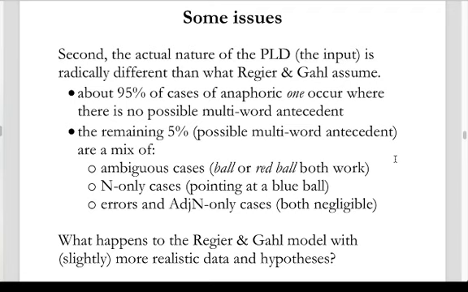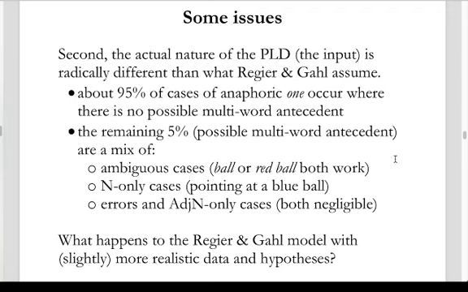And in particular, we saw in that paper that about 95% of the cases of anaphoric one occur with no multi-word antecedent at all, right? I have a ball and John has one too. So you're certainly not going to learn anything about multi-word antecedents from the vast majority of these cases. The remaining 5% of the anaphoric one cases are a mix of a bunch of other things.